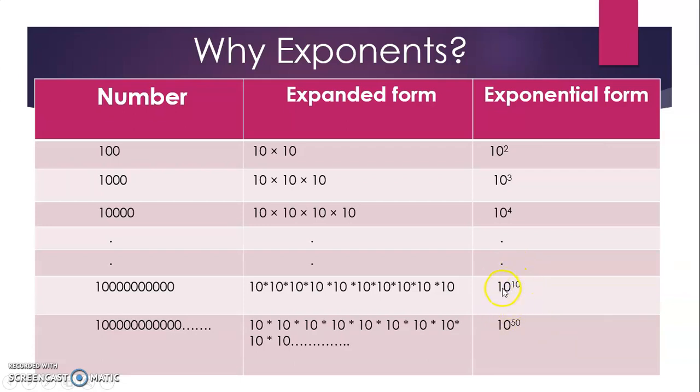Suppose 10 is multiplied by itself 50 times, then this number becomes even bigger, which would be very difficult to write in the normal or expanded form, but it is very easy to write as 10 raised to the power 50. This is how we use the exponents.